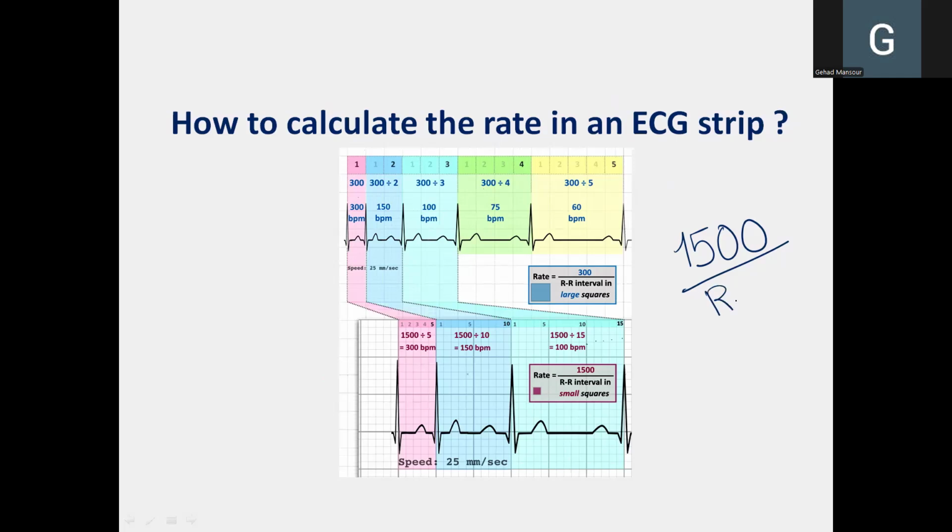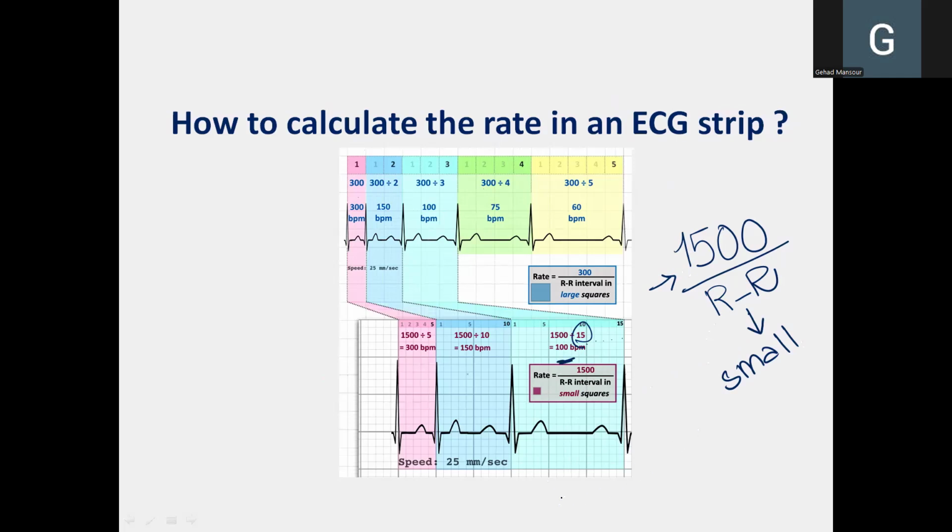So you're again dividing by the RR interval, but because you have used a different constant numerator, you count the small squares. And you will obtain the same value. Here, for example, when you count the small squares, they are 15. So the heart rate is 100 beats per minute.